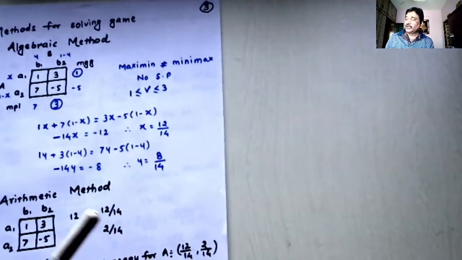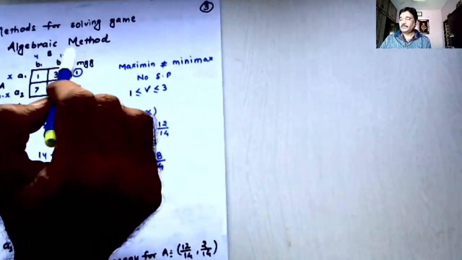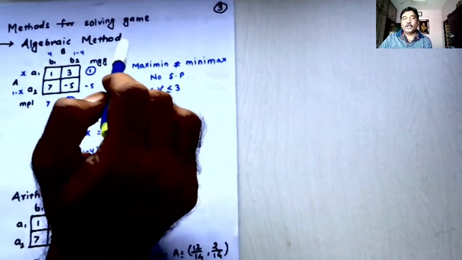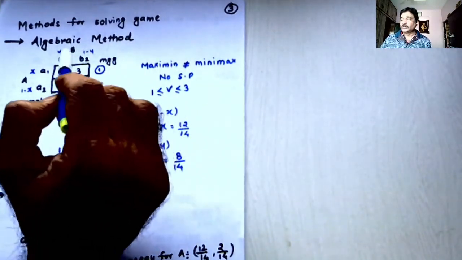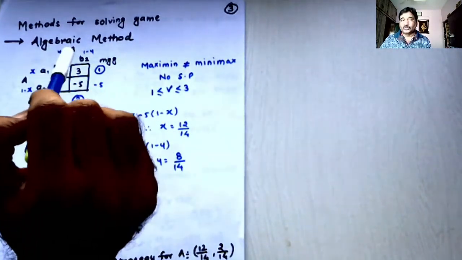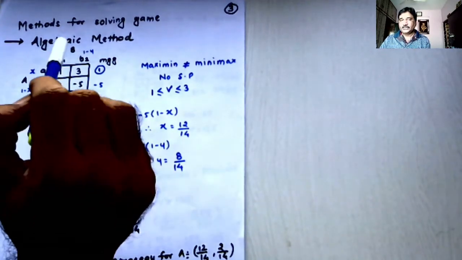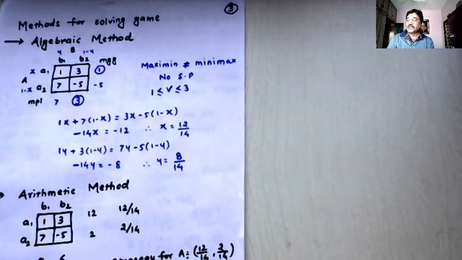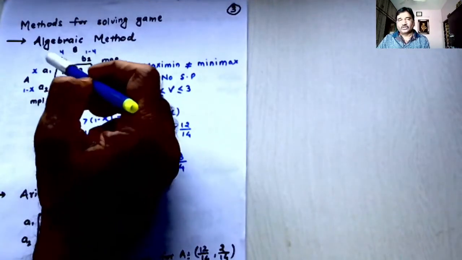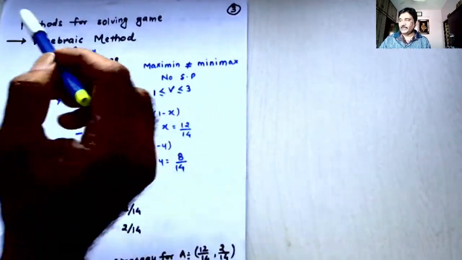Now, it is very clear that the player will not be playing only one course of action. He will have to use more than one course of action. Now the question arises, in which proportion will each course of action be played? As the proportion is not known, we'll be taking it as a variable.